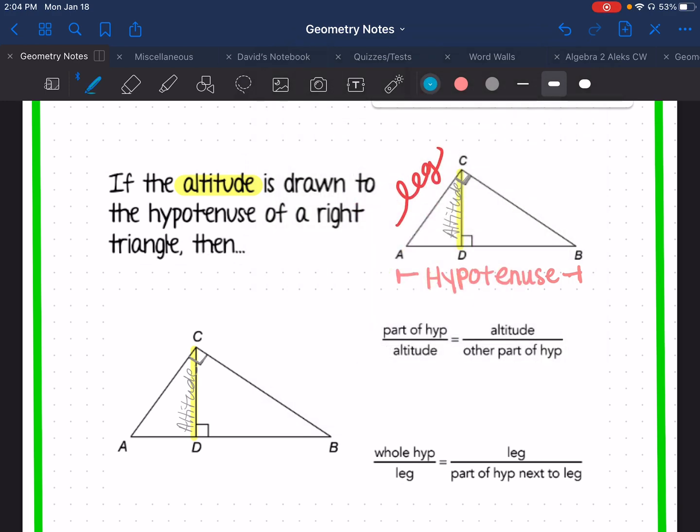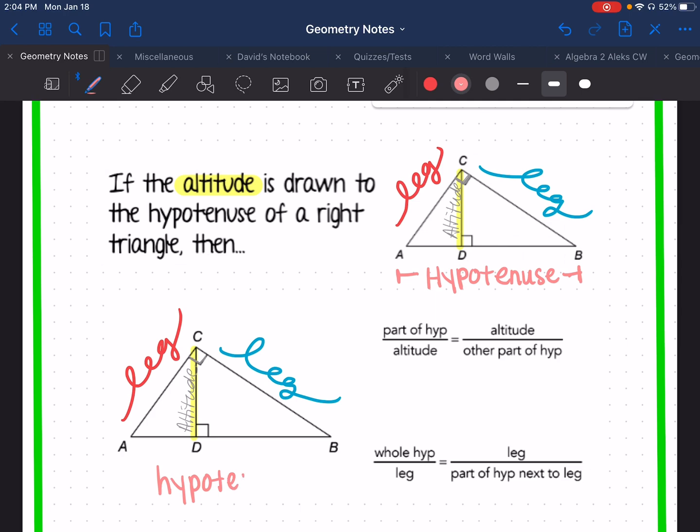So let me grab one other color. I have a second leg. And the difference between the two legs just is for helping me set up my proportions. So if we come down here to this other ABC triangle, there's my leg and my leg. They're in the same positions, and my hypotenuse is right here.